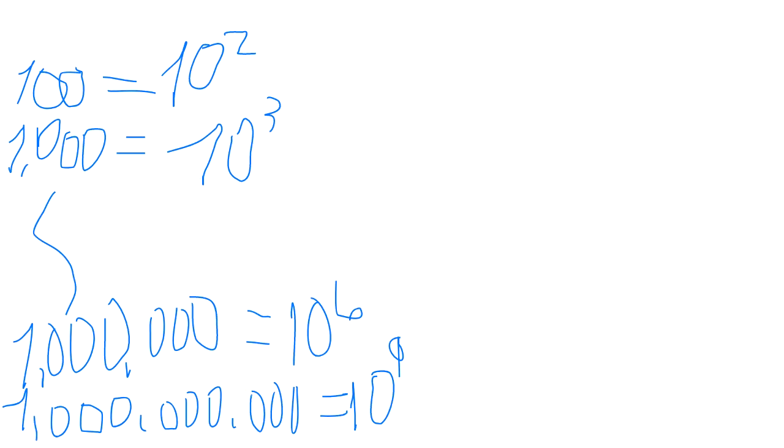So powers of 10: 10 squared, 10 cubed, 10 to the sixth power, 10 to the ninth power, and all these things called the power function. The powers of 10 in this case would nicely make the numbers compact, right?